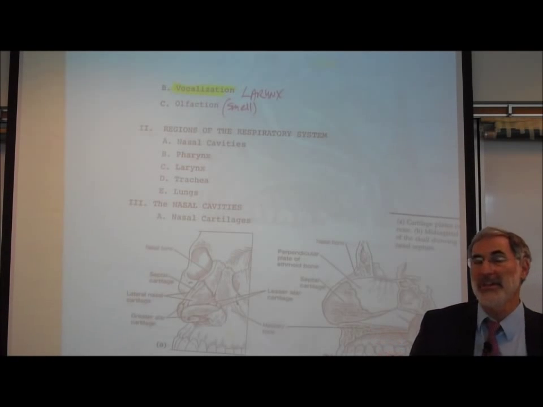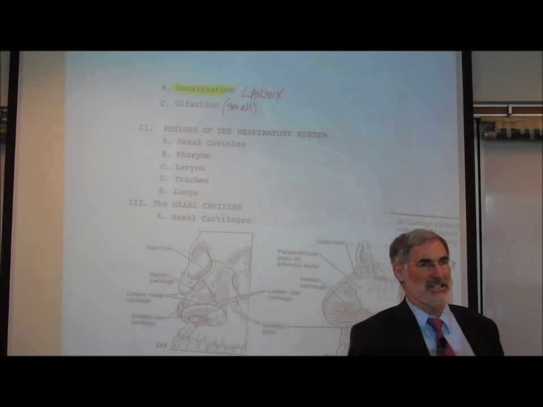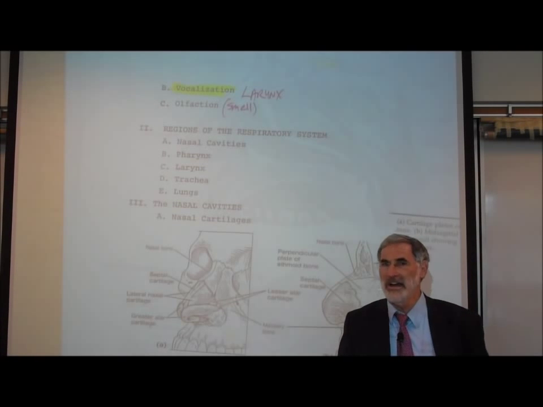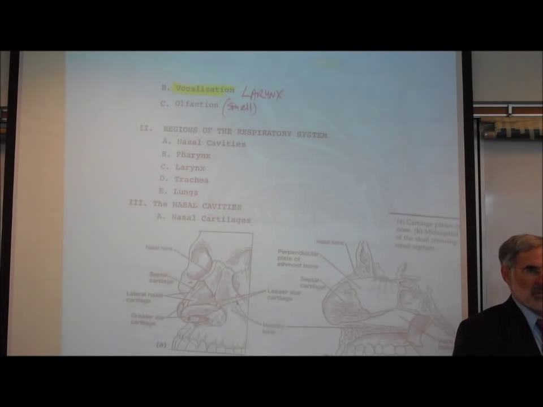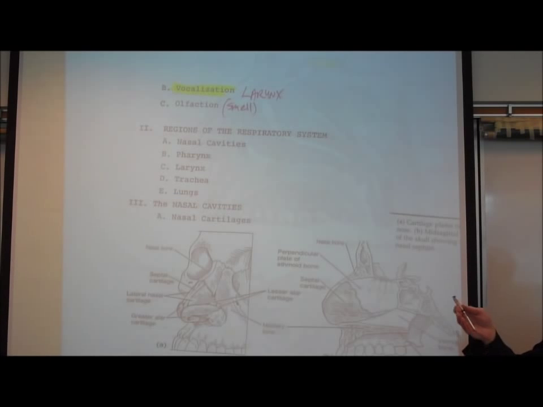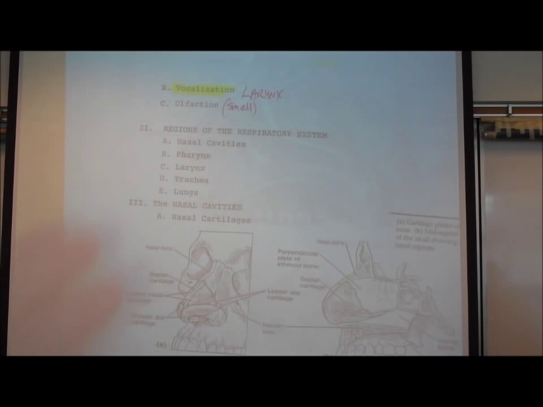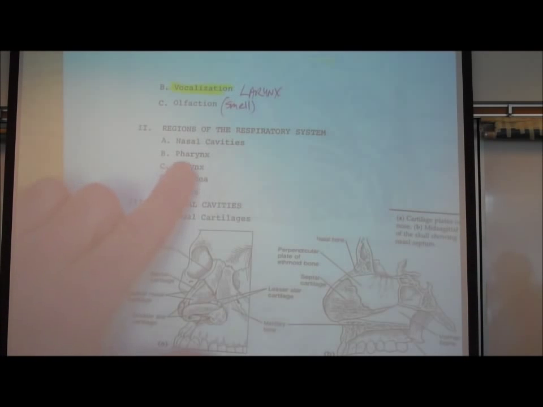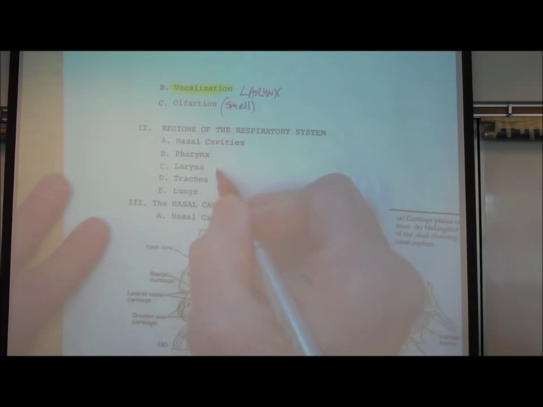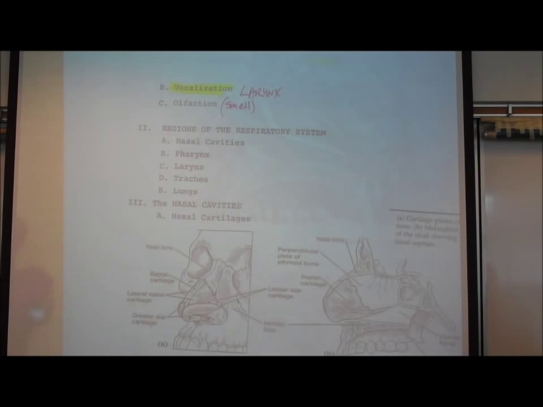We've talked about the regions of the urinary system, the kidneys, the ureter, urinary bladder, urethral canal. We've talked about the parts of the nephron, and we're going to talk about the parts of the respiratory system: the nasal cavities, the pharynx. What's the pharynx? Throat. The larynx, that's the voice box. The trachea, that's the windpipe, and the lungs.